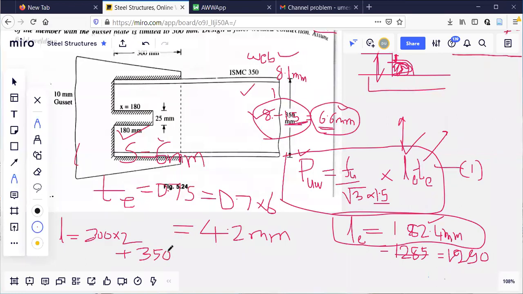How much will this be? 950 mm. But you can see here 950 is not sufficient. The value is 1282.4, whereas without overlap, if I connect it now, I'll be getting only 950.